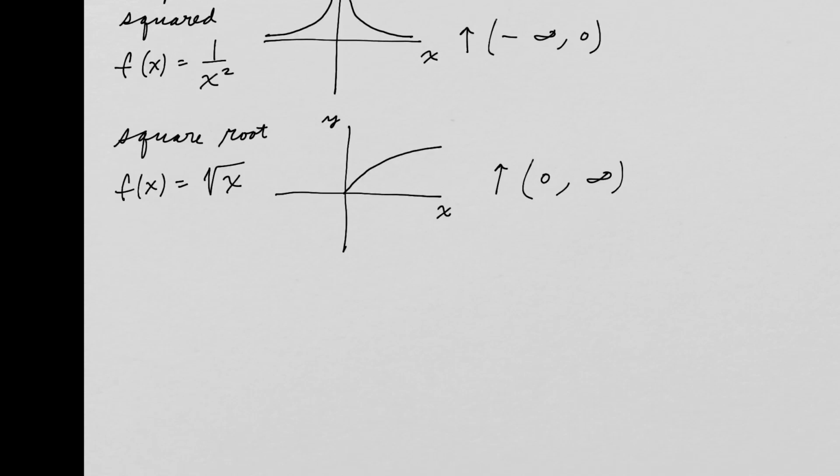And then finally, we had the cube root function, which was f of x equals the cube root of x. And that looked like this.